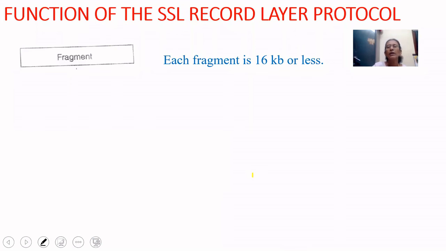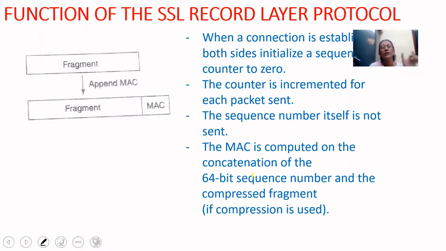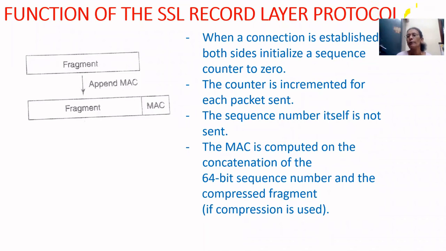Each fragment is 16 KB or less. Now, once you have a fragment, it will go to calculate the MAC. How does it calculate the MAC? Each message is given a sequence number. When a connection is established by both sides, then both sides will initialize a sequence counter to 0. Now this counter is incremented for each packet that is sent.